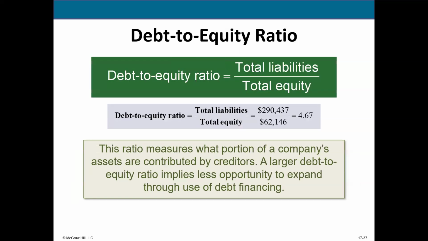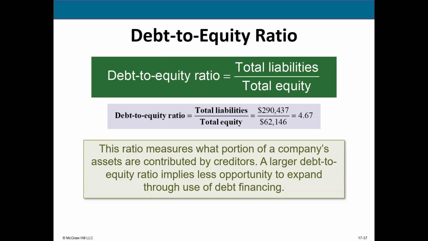And in looking at that debt to equity ratio, we compute that by taking total liabilities divided by total equity. This ratio, once again, is great to understand the company's solvency, their ability to repay all of their total liabilities using their total equity.